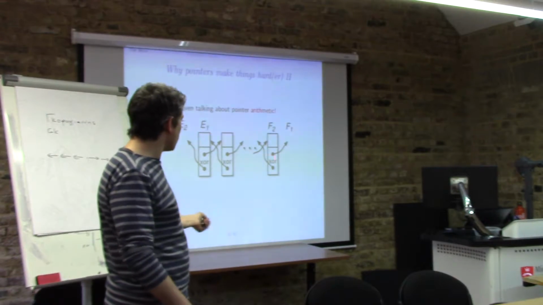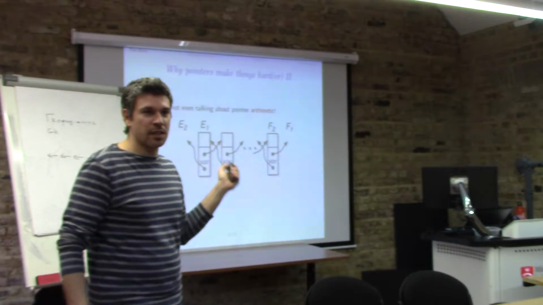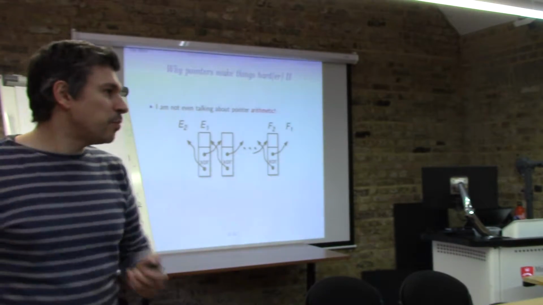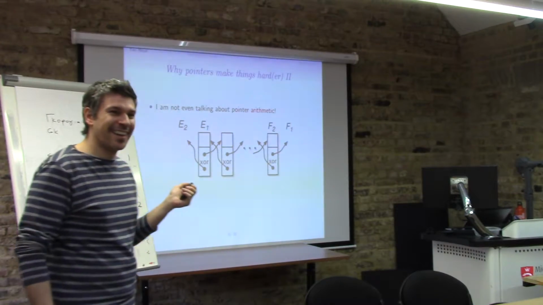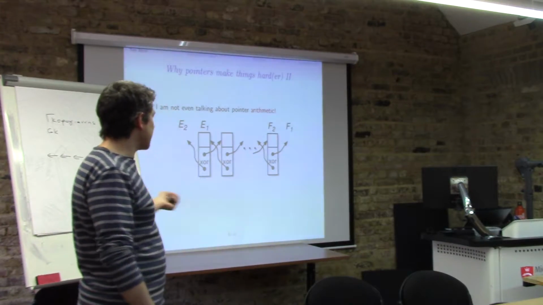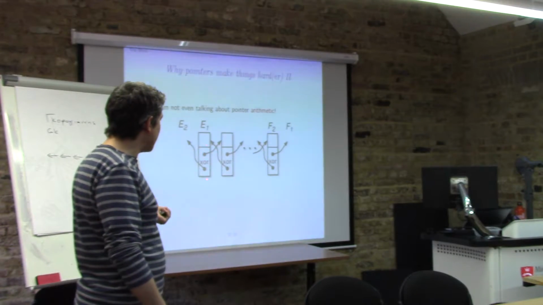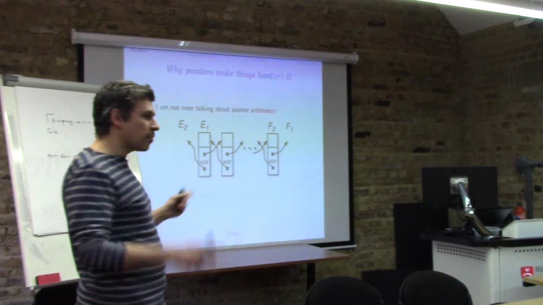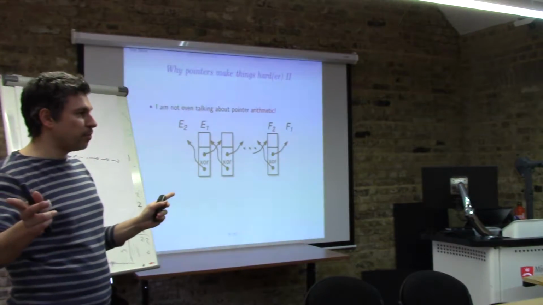So, does anyone know what this thing is? It's a very interesting data structure that is created by people who like to make other people cry. It's a doubly linked list, so you can go backwards and forwards, but it only has one field, one pointer. It doesn't have a back and a next and previous field.